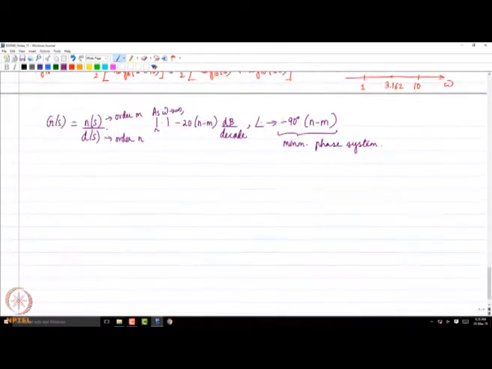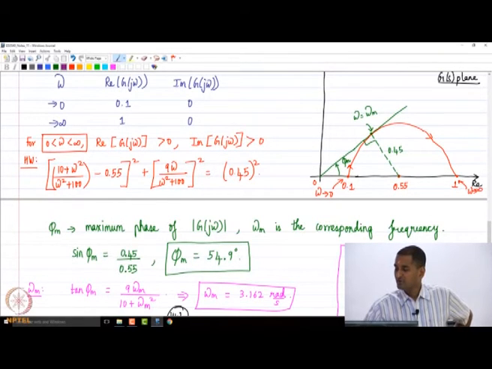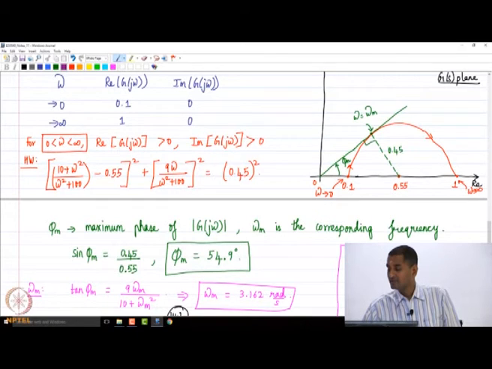And can you observe it from the Nyquist plot? You can, right. What is the transfer function, where is the transfer function as omega tends to 0? 1, not 0.1, 1. As omega tends to infinity, where is it? It is at 1, right.